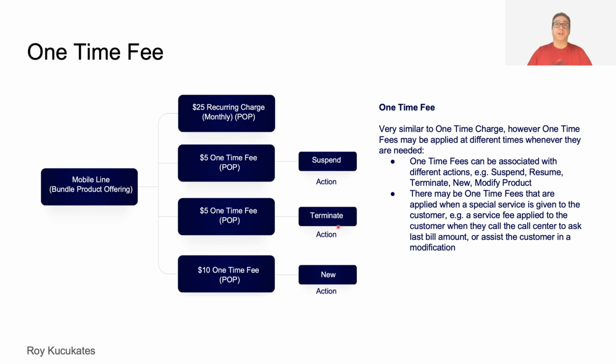And for termination, you may want to apply another fee. For purchase, you may want to apply a one-time fee, because this is a handling fee, with the action. New fees can be applied to the prices.